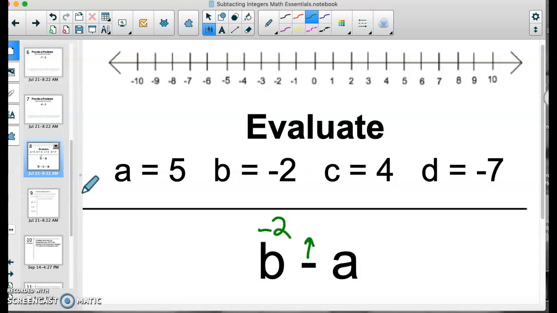We have the minus A. A is 5. Okay, so now if we take this up to the number line up top, we started at -2. Okay, and we're going to subtract 5. Subtract, so we're going to go to the left. 1, 2, 3, 4, 5. So our answer for this one is -7.